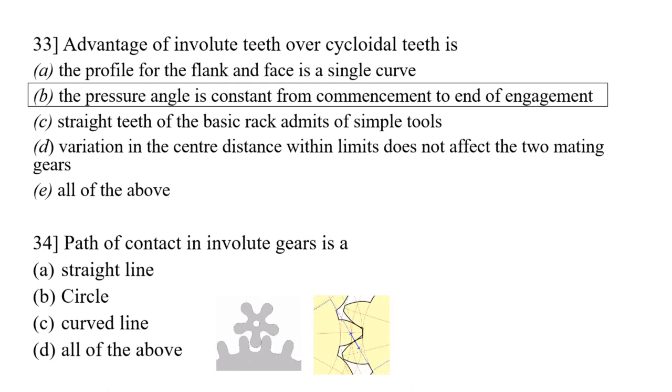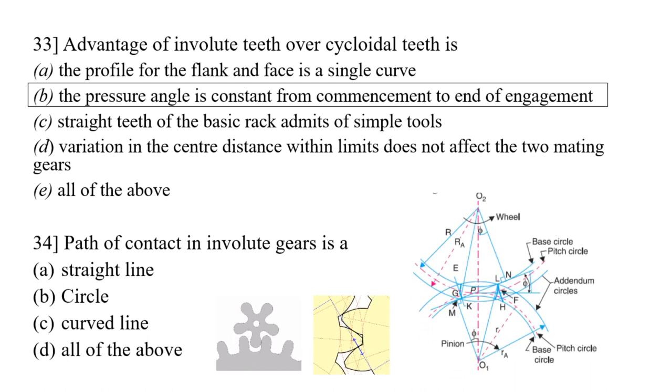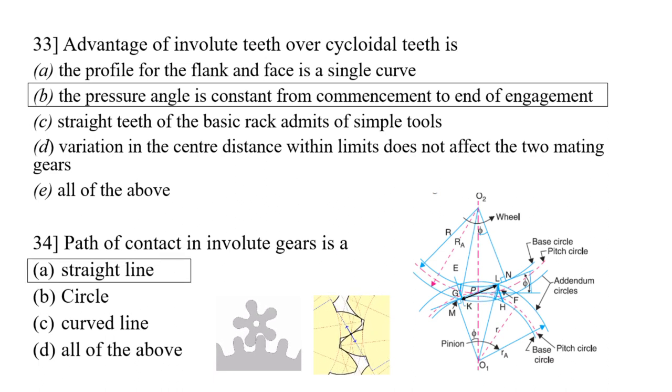You can observe in this diagram that the line, shown by a blue arrow, is starting and ending; it is a straight path, therefore the path of contact for an involute gear is a straight path. Here also, in this diagram, you can observe that from point K to L is the path of contact, that means KPL is the total path of contact, shown by this arrow. So this is a straight line.